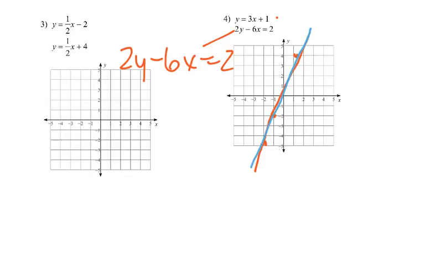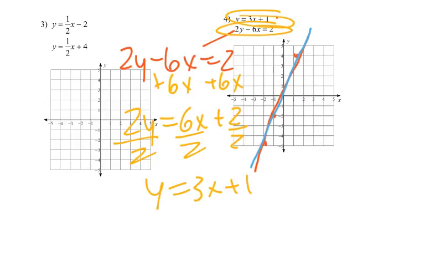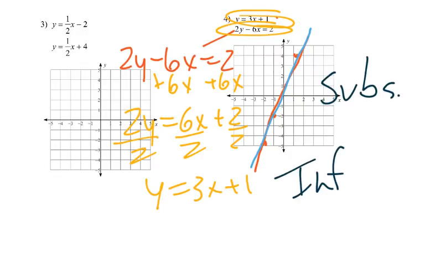Okay, they overlap because they're the same equation. This one's just doubled. Because if I add that 6x, I get 2y equals 6x plus 2, divide by 2, and we get y equals 3x plus 1, which is the same thing we had before. Personally, I like substitution on this, but the answer is infinite because they're the same equation.